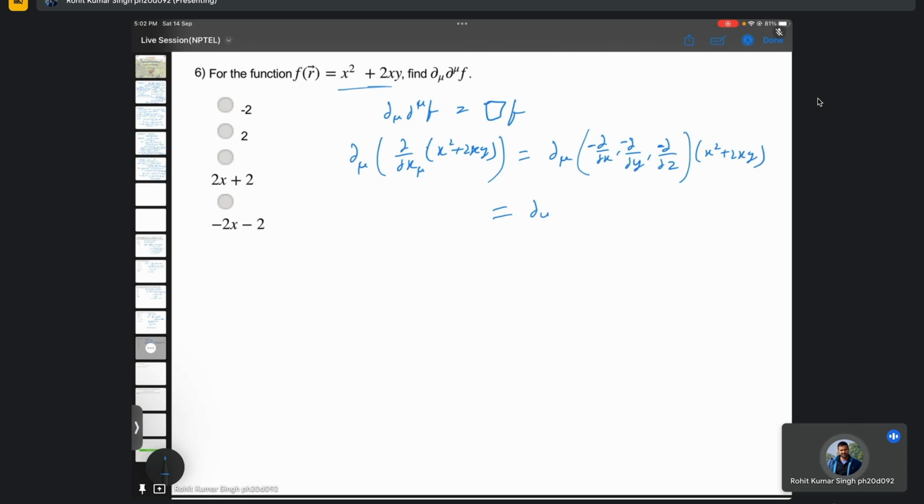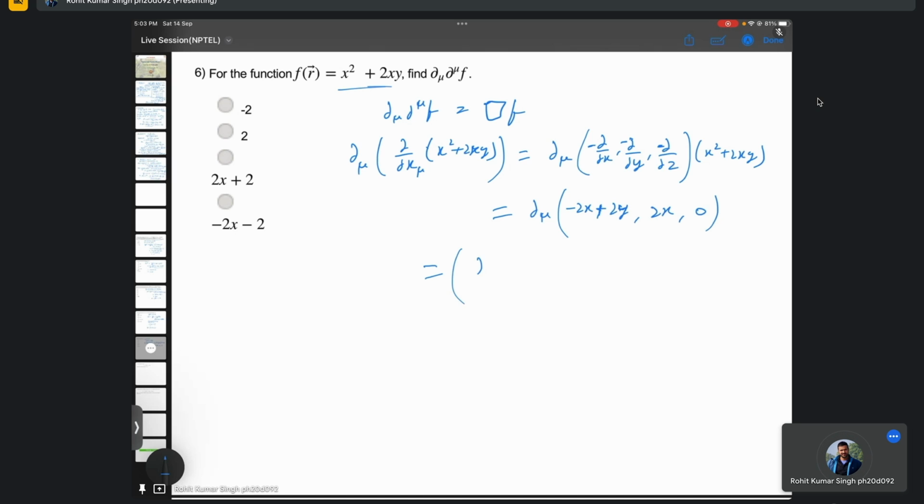So what we get: minus del by del x on x square will give you 2x plus 2y, then minus del by del y will give you 2x, and this is 0.